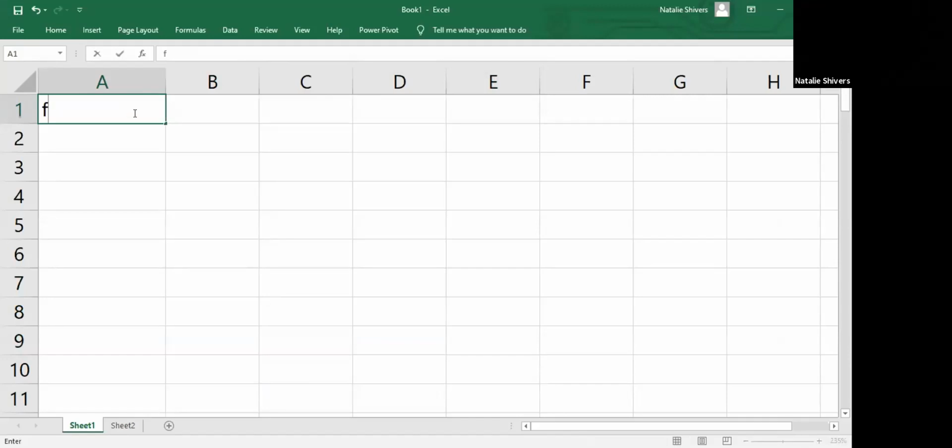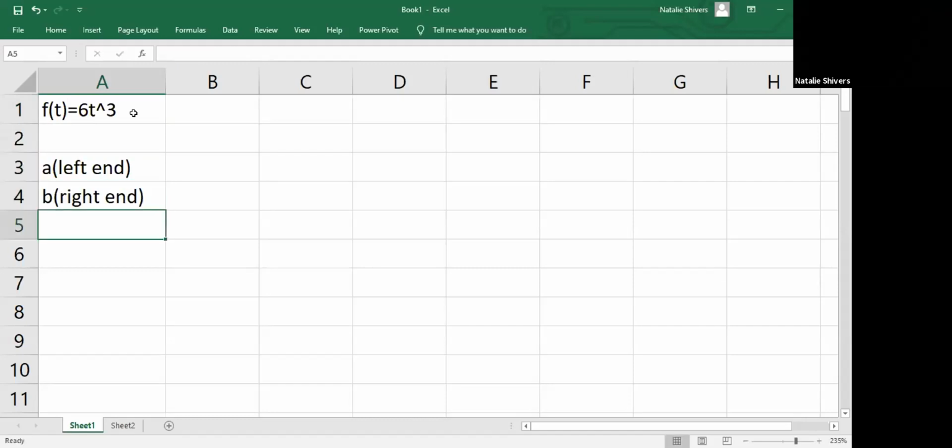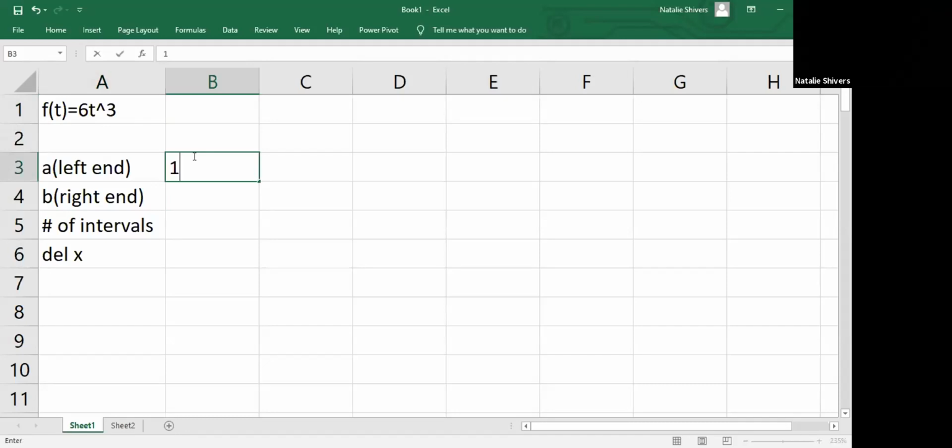So I'm doing f of t equals 6t cubed. So it's the left end and the right end, the number of intervals, delta x. I'm going to do the same as the last one, 1 to 10, 100 intervals.